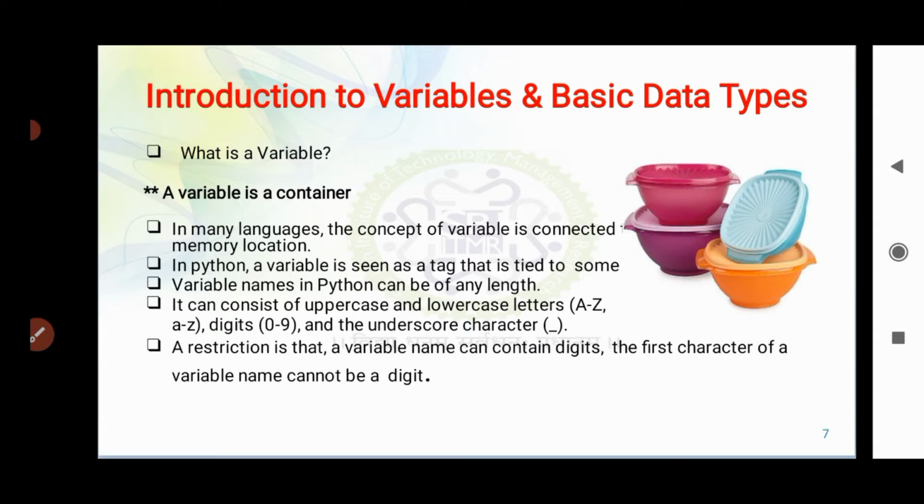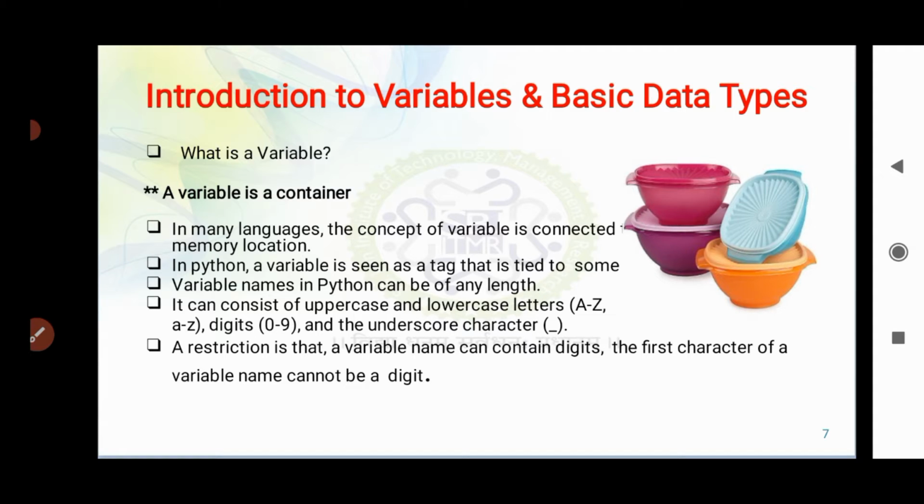In C, C++ or Java, whatever value you assign to a variable is connected to a memory location. But in Python, a value assigned to a variable is simply an assignment. It doesn't have any connection with the memory location, because a basic feature of Python is automatic memory management.